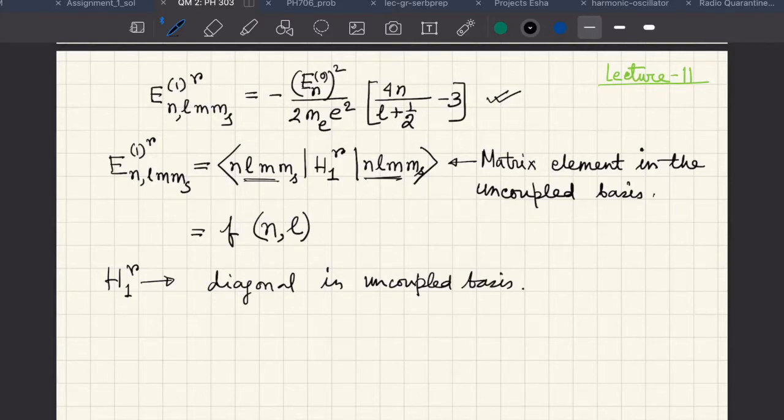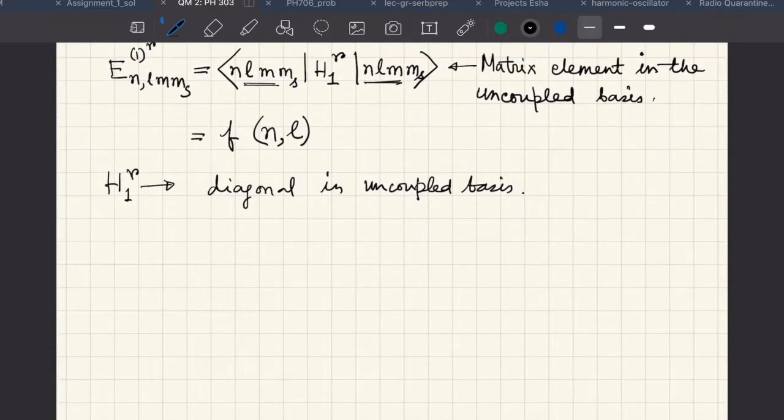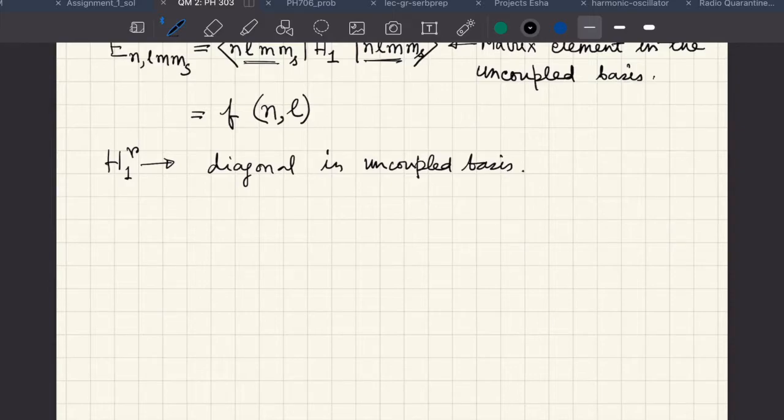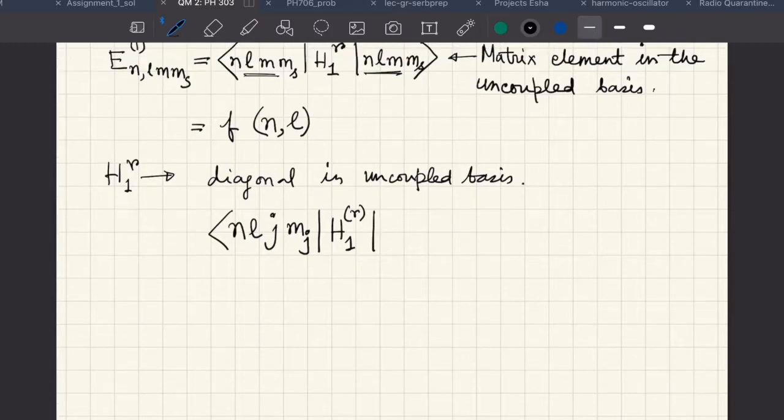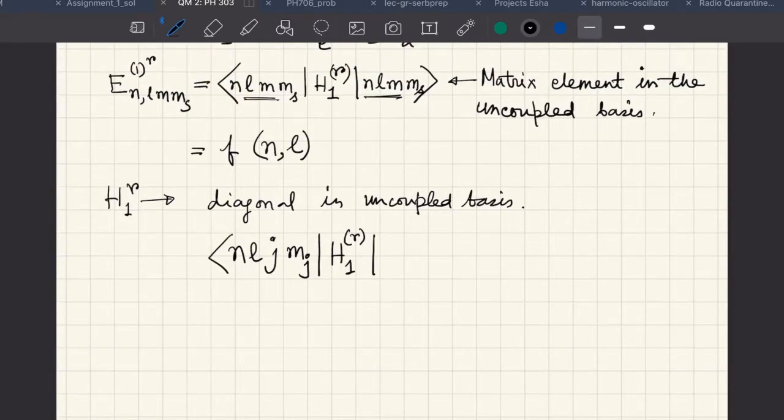Now the question is, we could consider the same matrix elements in the coupled basis. So I can take this H1R, but I may want to evaluate the same object, this H1R, but now not in the n, l, m and ms basis, rather in the coupled basis, where the basis is represented by n, l, j and mj. So this is H1R in n, l, j and mj.